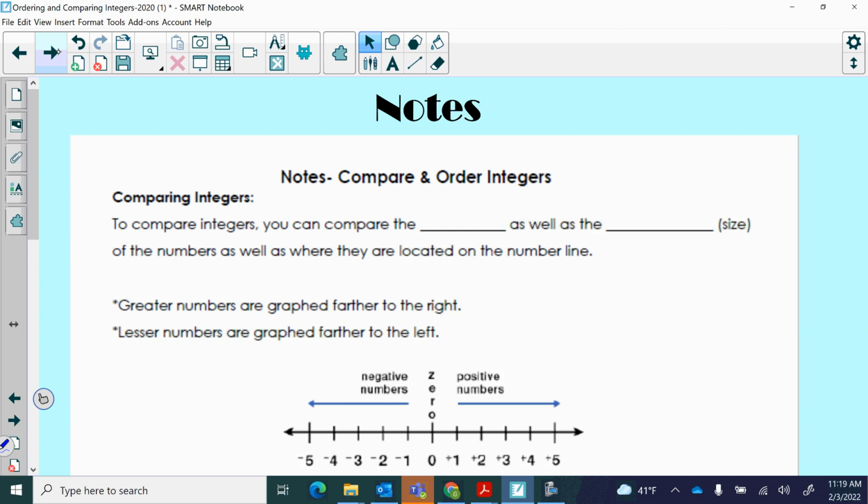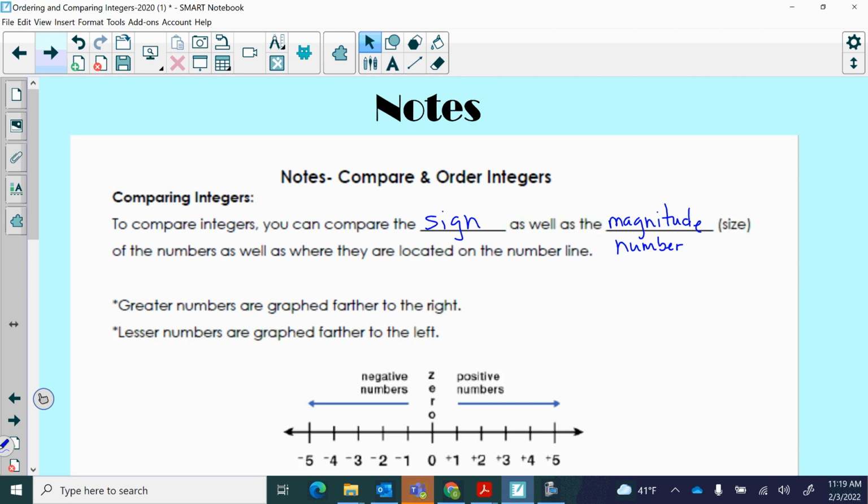Now, when we compare integers, there are two primary things we are looking at. The first one, we can compare the sign, is it positive or negative, as well as the magnitude or size. That's an N, and sign, S-I-G-N. Magnitude, we can also refer to that as the number.